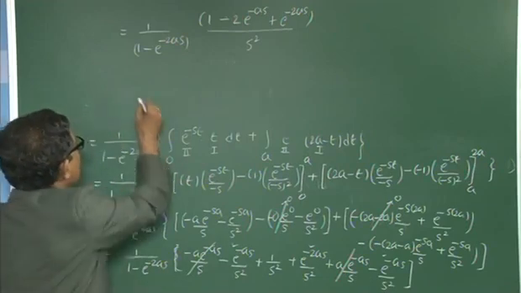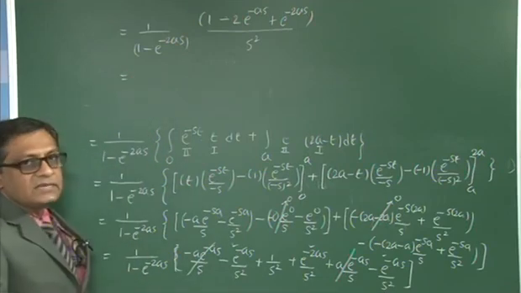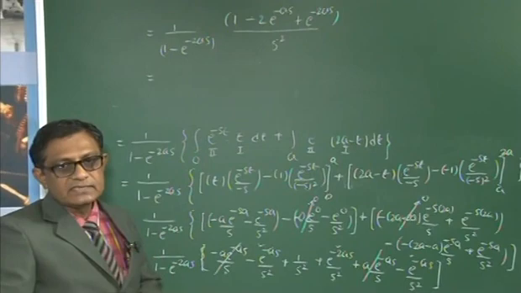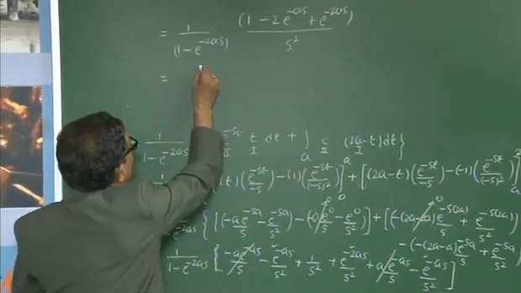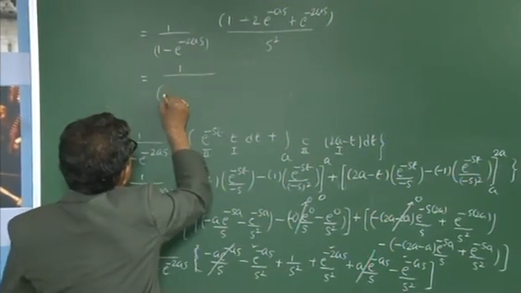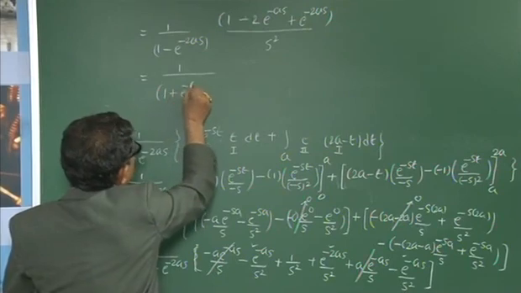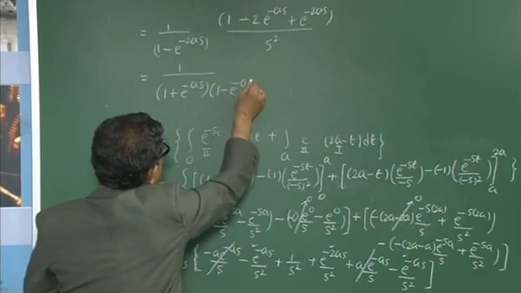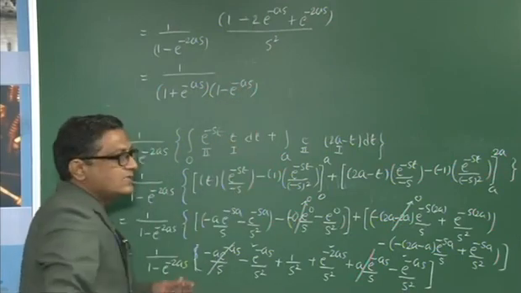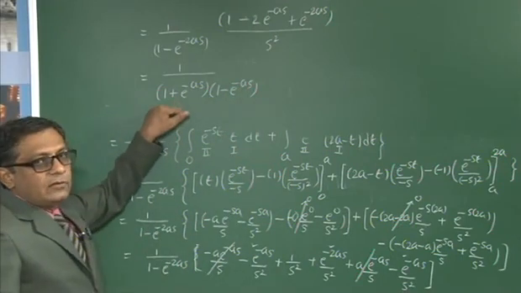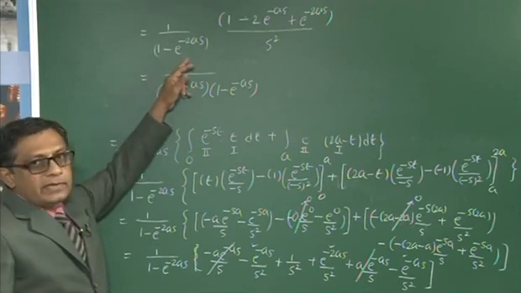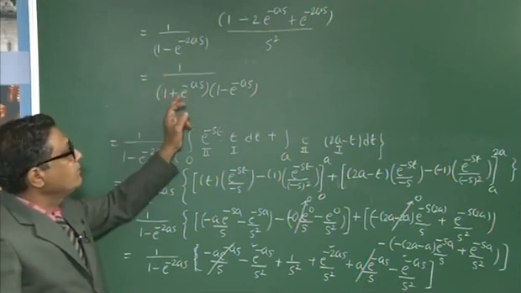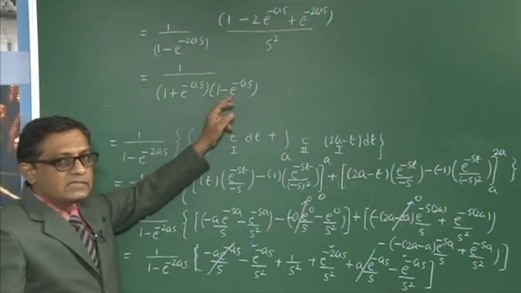Now, once again further you can simplify similar to the previous example. Now, you can write this one as 1 plus e raised to minus as, 1 minus e raised to minus as. How have you written this one? By using the algebraic formula a square minus b square, a plus b into a minus b.